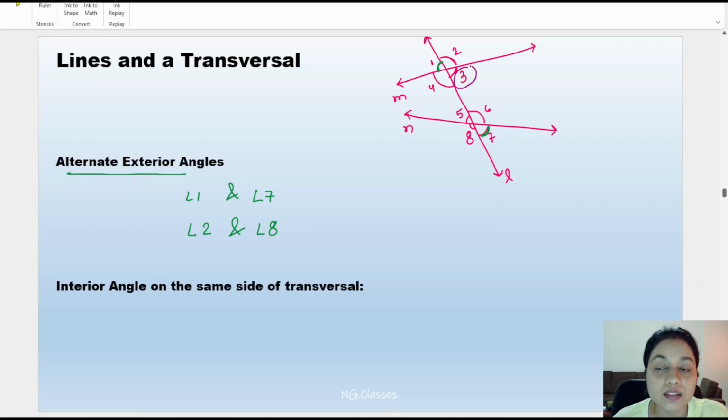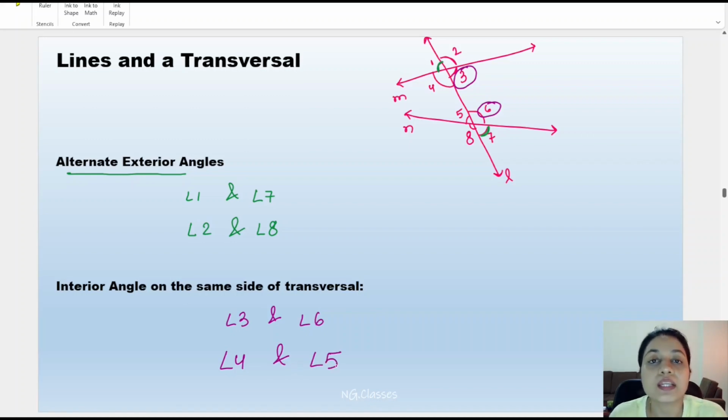So here angle 3 is an interior angle with angle 6 and both are on the same side of the transversal, right? Both are on the right hand side. So angle 3 and angle 6. Similarly, angle 4 and angle 5. These are making interior angles on the same side of the transversal.